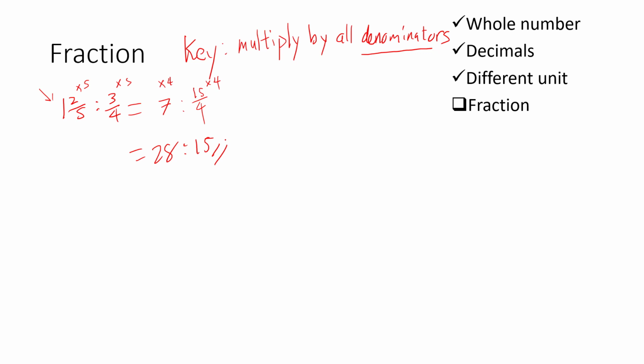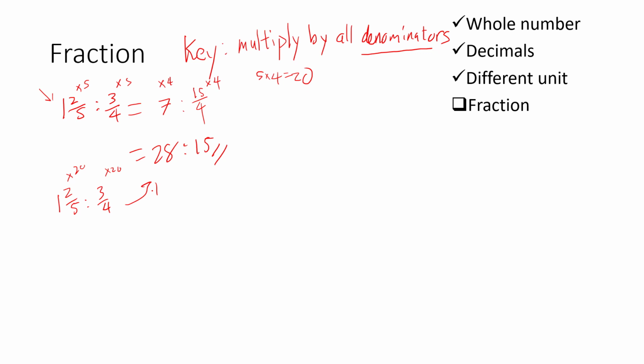Now, you can also take note that for this question, if you multiply them by the common factor, which is 5 times 4, which will give me 20, you will also get the same answer.